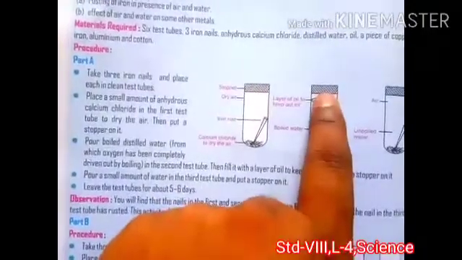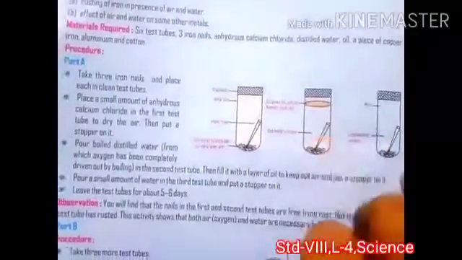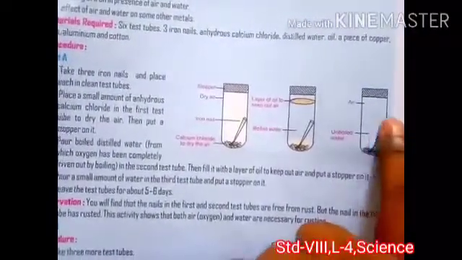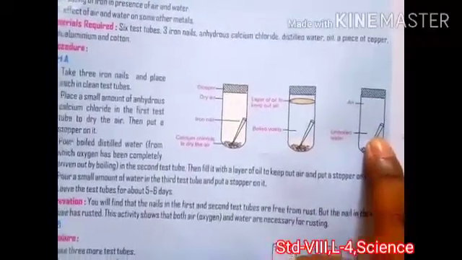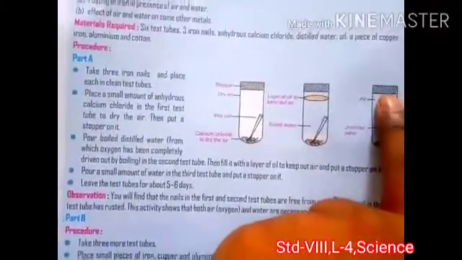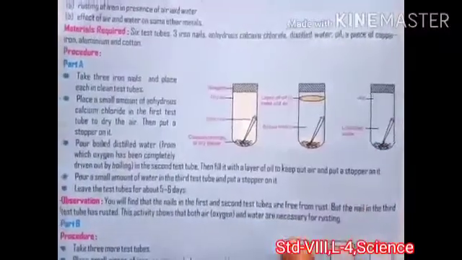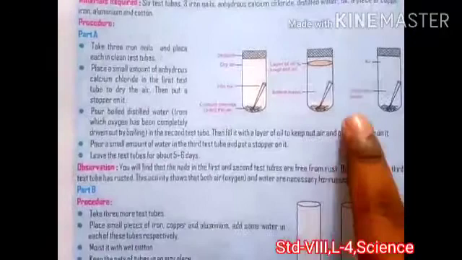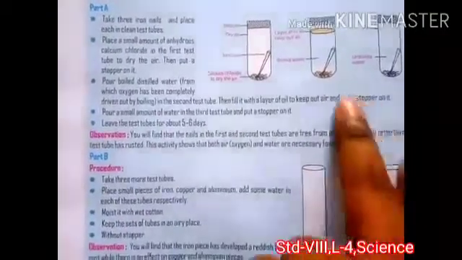Then use a stopper to lock this test tube. Then in the next test tube, as you can see, fill in unboiled water, and lock it with a rubber stopper. Then observe after 5-6 days.